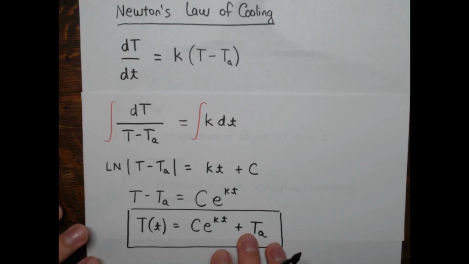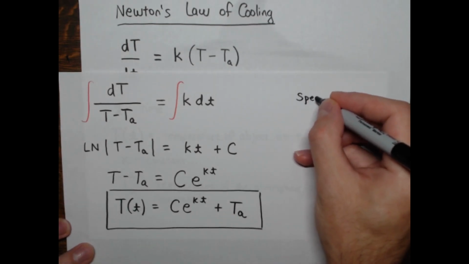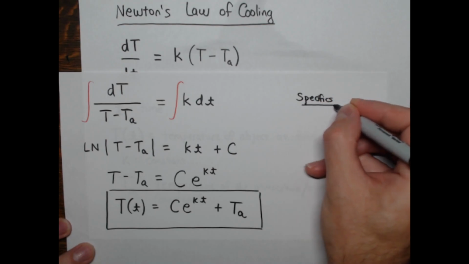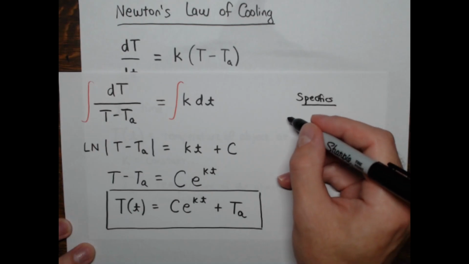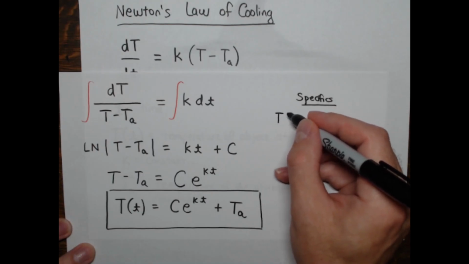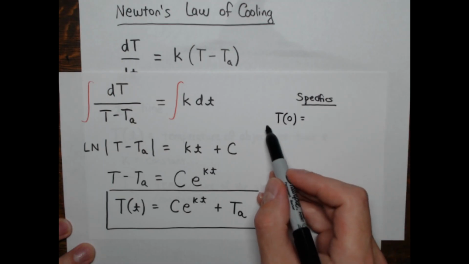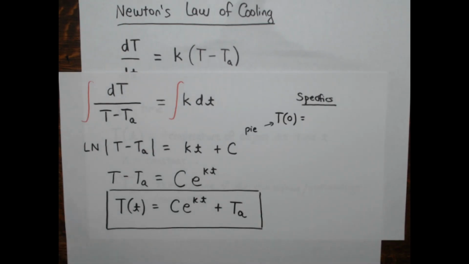So now that I have the general solution, let's go to the specifics for this problem and plug some of this stuff in. They told us the temperature at time 0. Capital T represents the temperature of the pie.